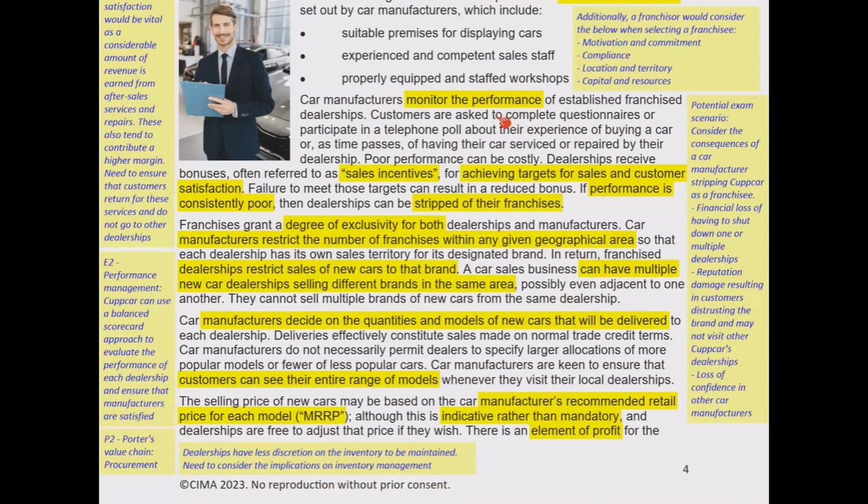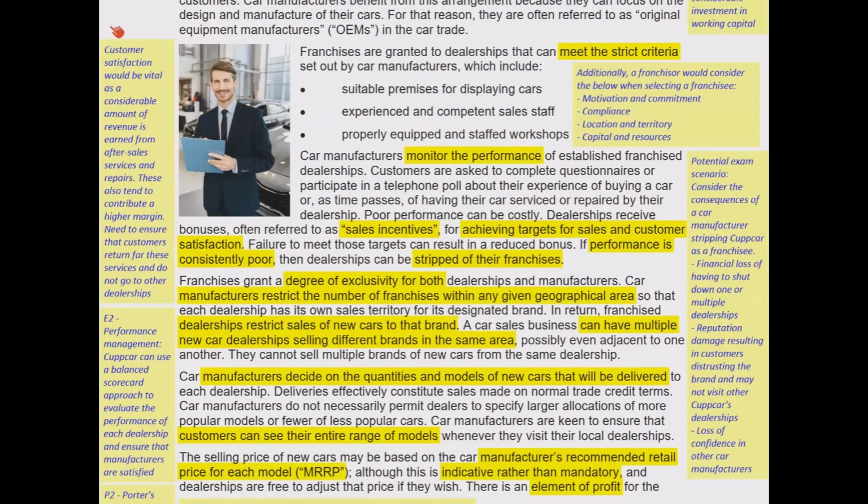Again, if they don't, they run the risk of losing that franchise. But also, if they're not meeting these measures, that would also suggest that they're falling down in terms of meeting the levels expected by the customer, not just the actual car manufacturer itself.